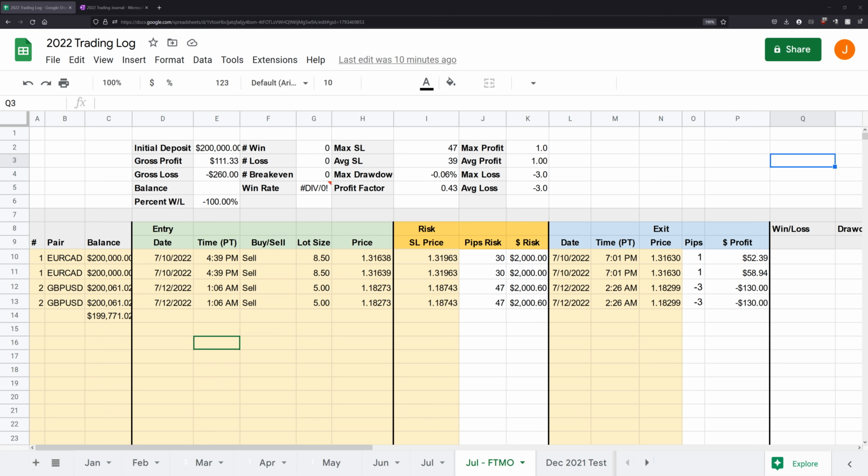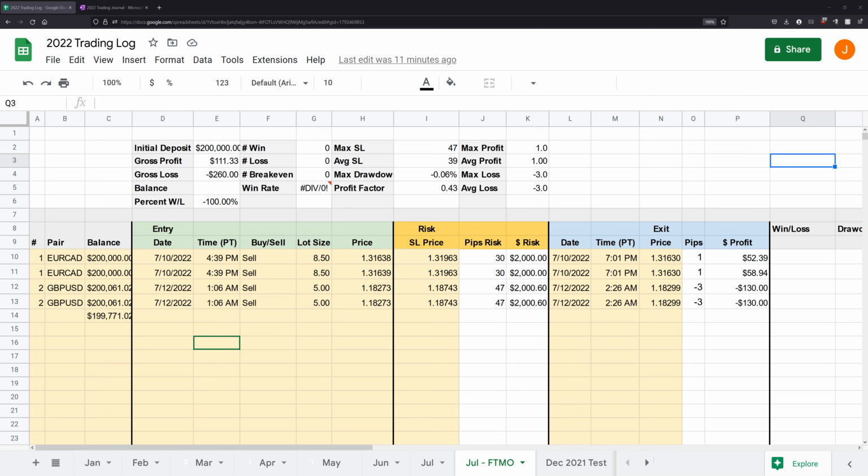So my progress so far, for my first trade, I won 1 pip. That was about $110 gain. For my second trade, I lost 3 pips, so that equates to about a $260 loss.